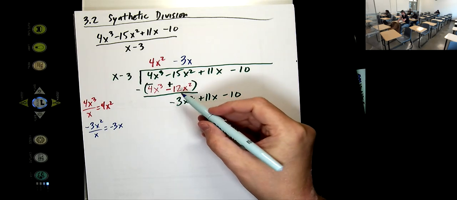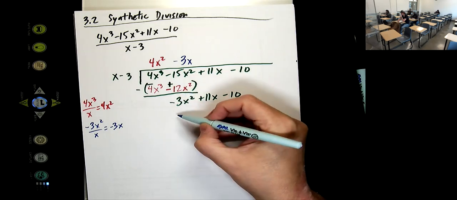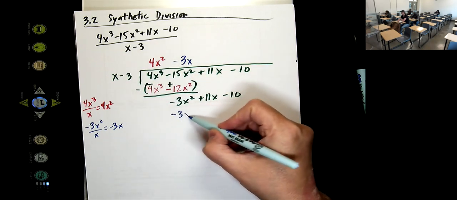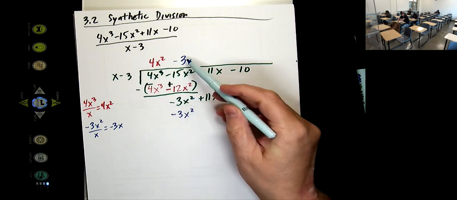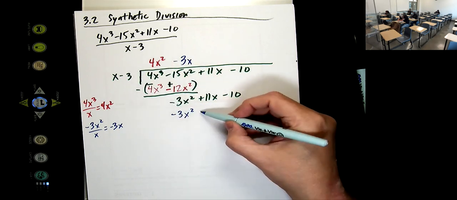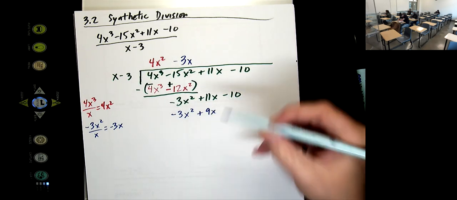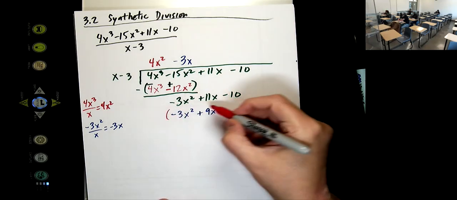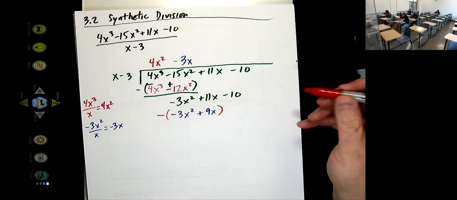So if I do that, negative 3x times x is negative 3x squared. And negative 3x times negative 3 is plus 9x. Again, I'm going to subtract that.